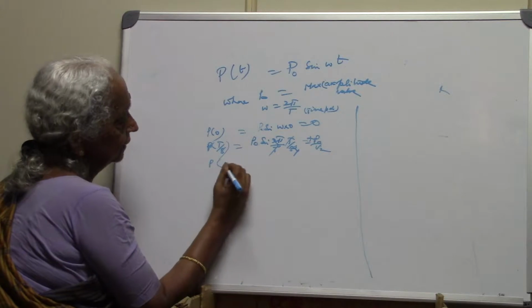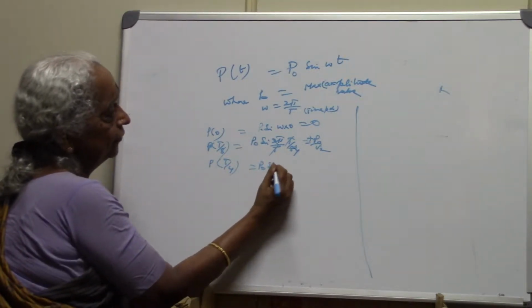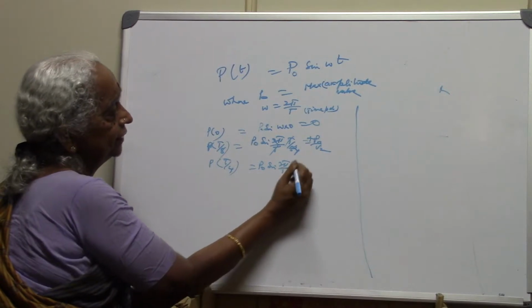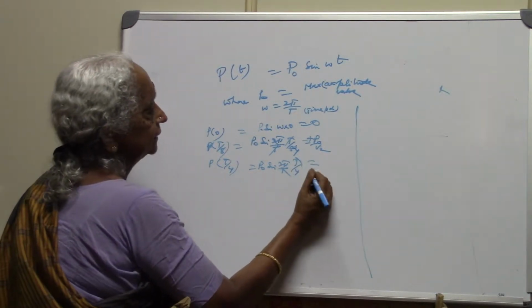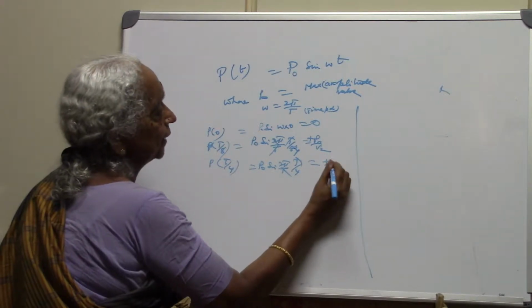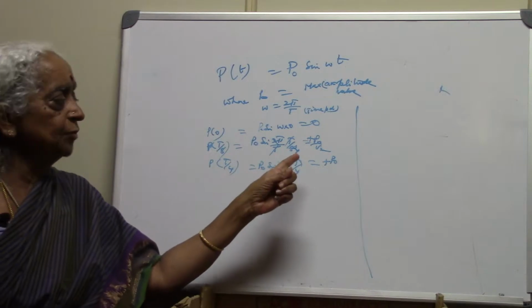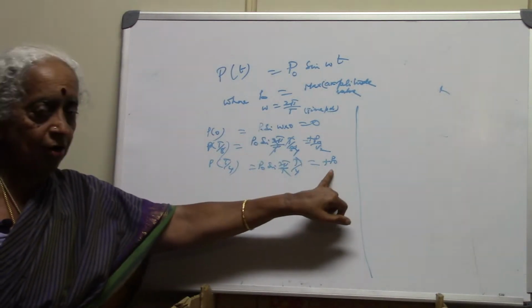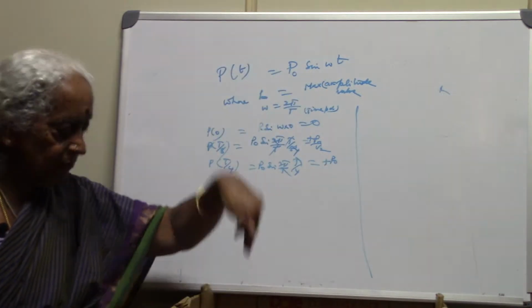And then P at T by 4 will be P naught sine of 2 pi by capital T into T by 4, where T and T get cancelled, sine pi by 2, which will be plus P naught. So from 0 it goes to P naught by root 2 and then further to P naught, which is the maximum value. After that it can't increase, it has to come down.